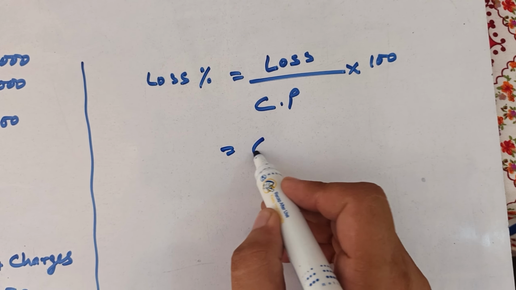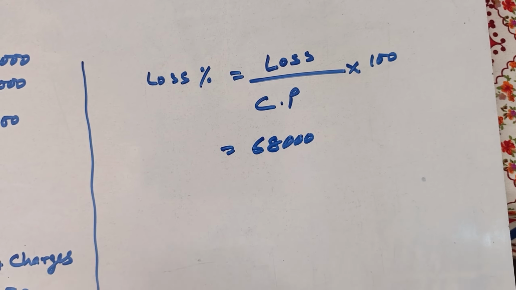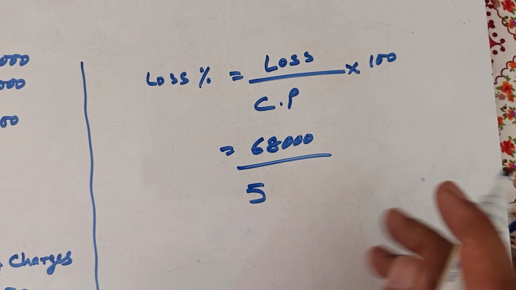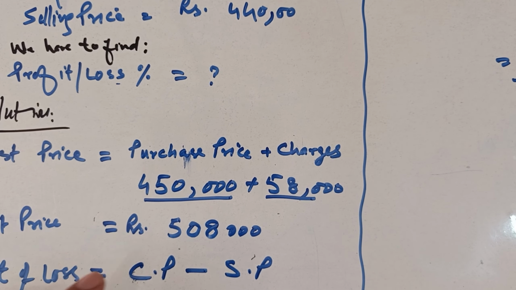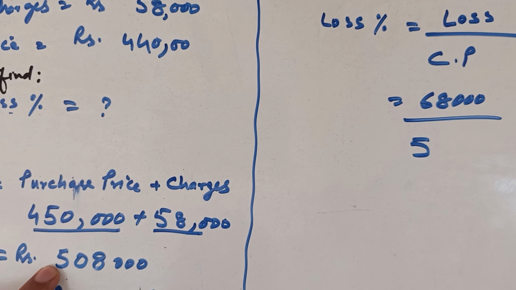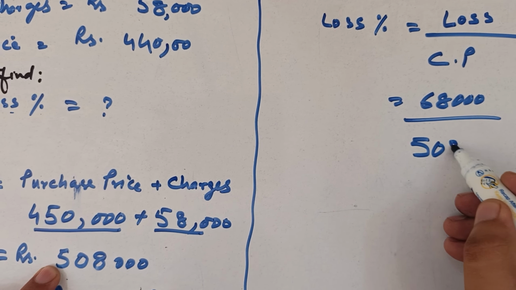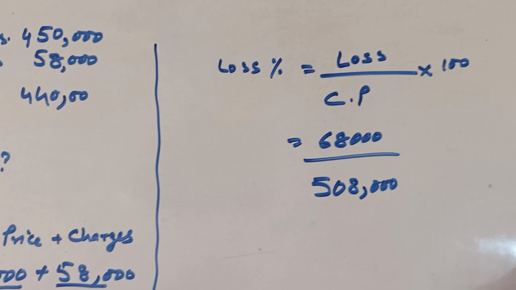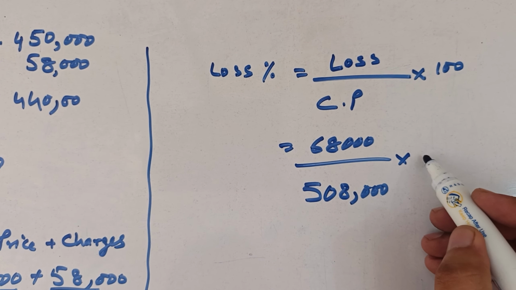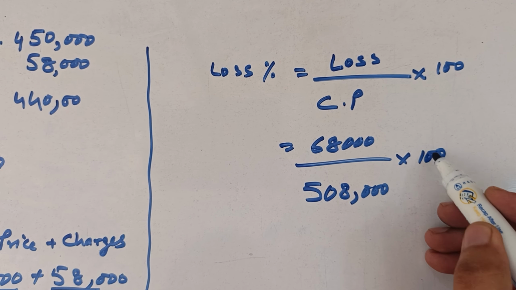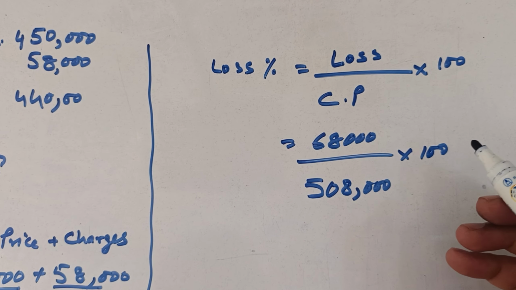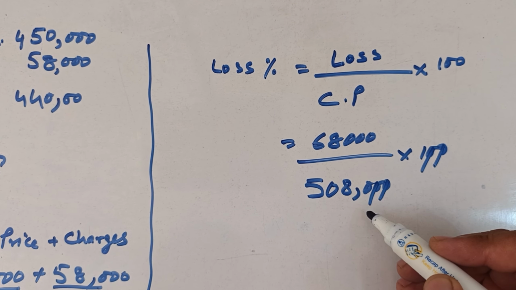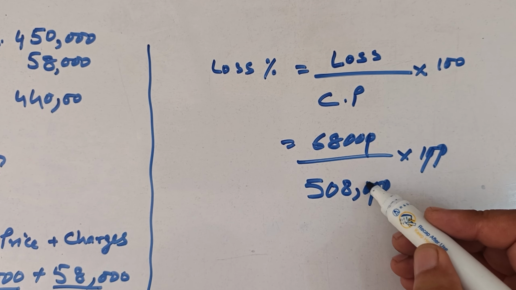It is 68,000 and our cost price was 508,000, and we will write 100 here. So these two zeros we will cancel with these two zeros, and this zero we will cancel with this.